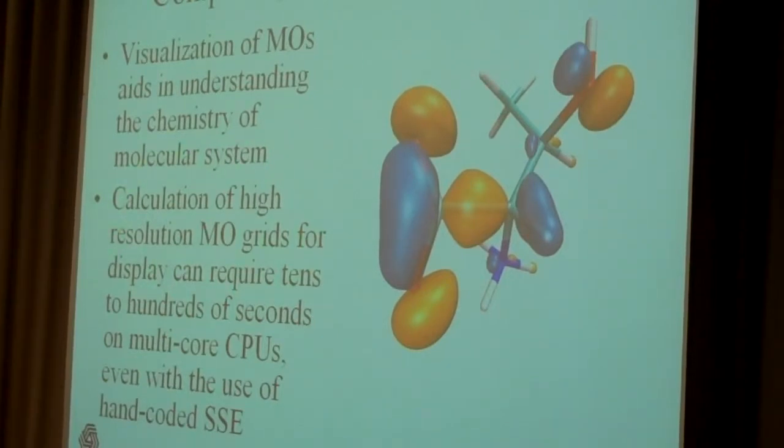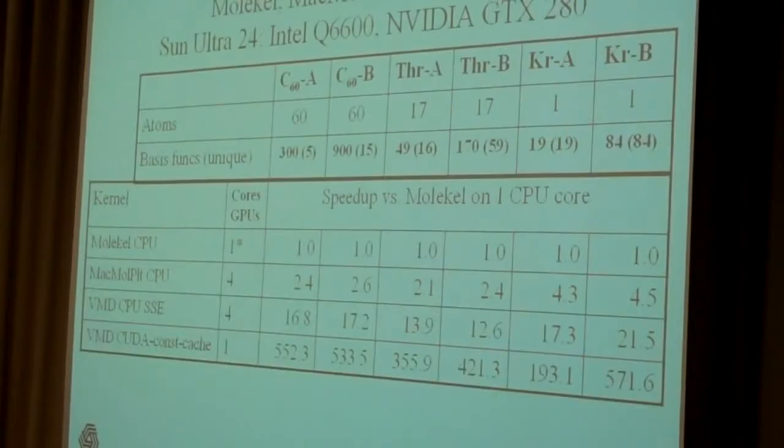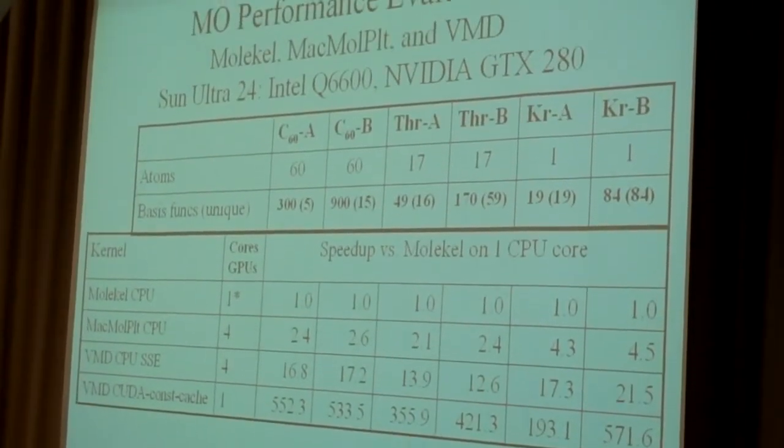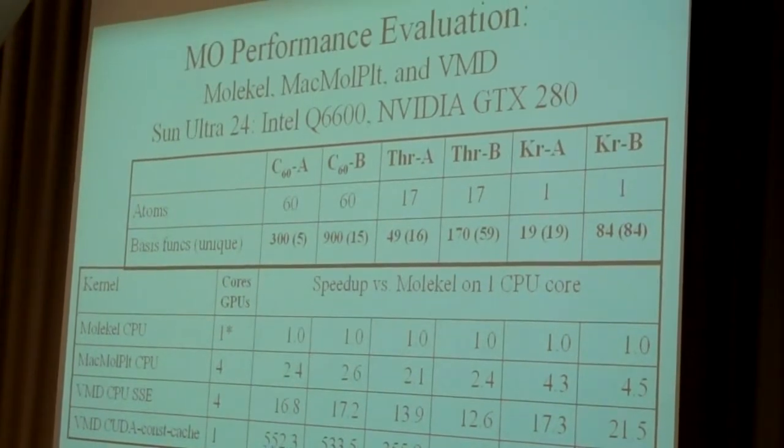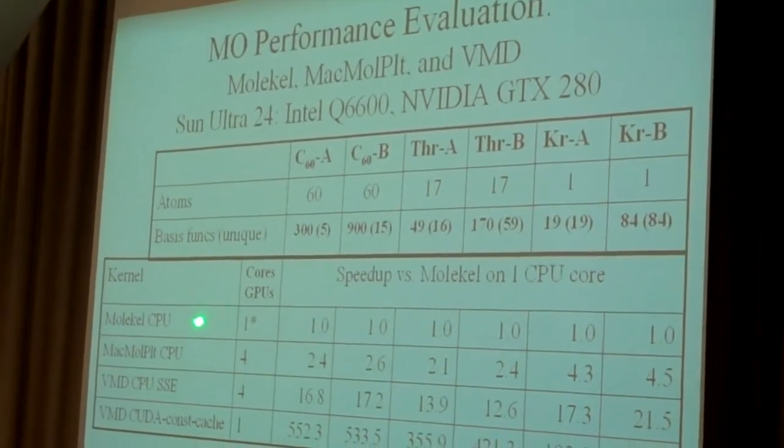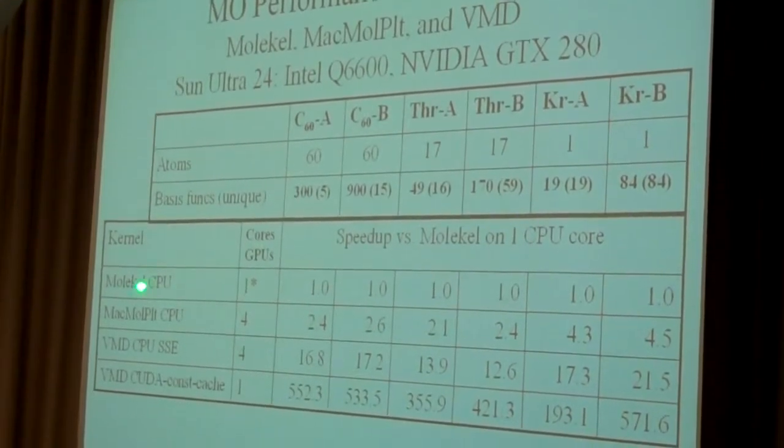And doing this, even with multi-core CPUs, even using SSE, takes tens to hundreds of seconds, even for a very small system like this. Just to give you an idea of the kind of speed-ups we can get using the GPUs for this calculation, if I compare the performance of VMD versus two of the popular tools, MolMol and Macromolecular, we have also done a lot of work making our CPU code fast, but relative to MolMol, Macromolecular is about 2.5 times faster.